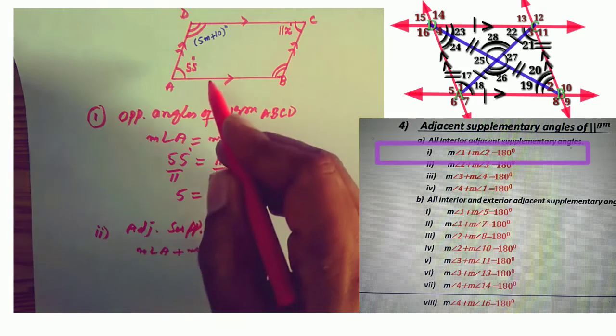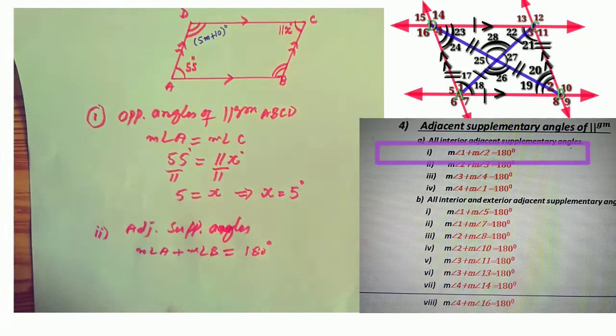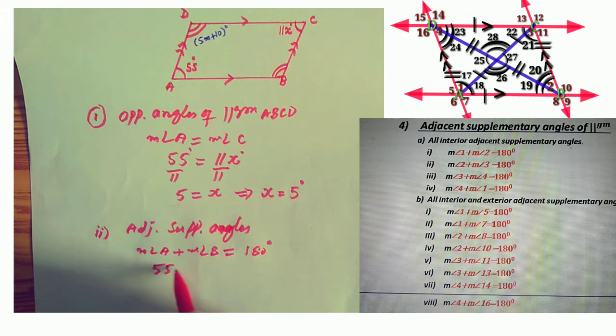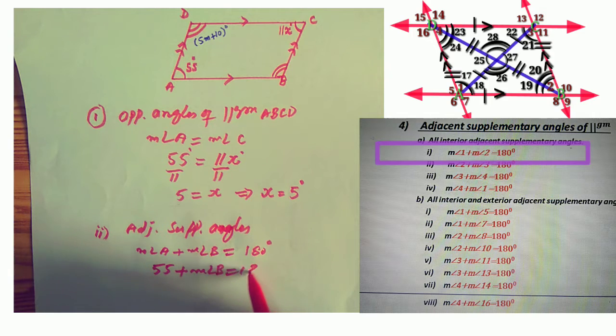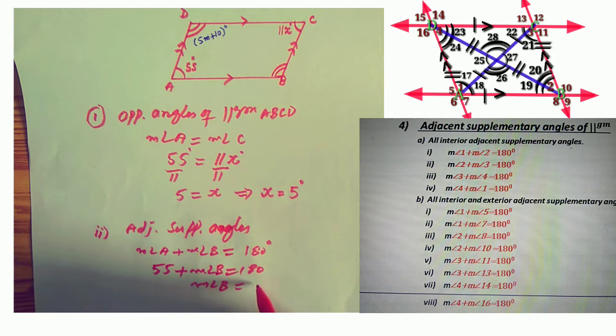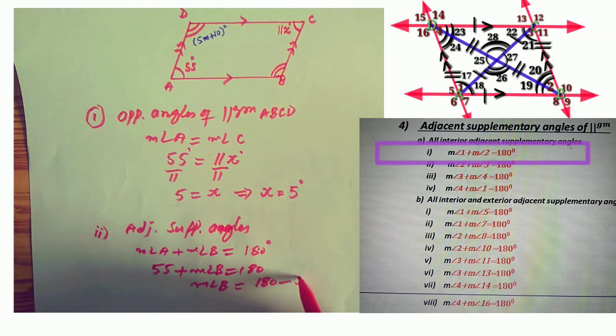Value of measure angle A is 55. For finding the value of angle B, we have to subtract 55 from 180. The result will be 125.